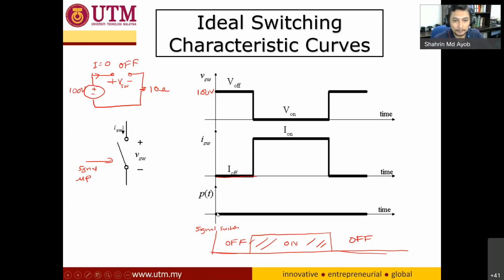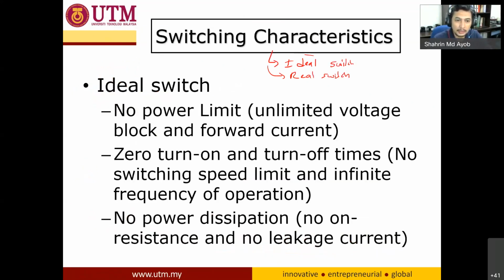And what is the power dissipated by this switch? We know power is V multiplied with current, right? The voltage across the switch is 100, but the current is 0. So that's why 0 watt. That is what we refer to as no power dissipation. So the characteristic of the ideal switch is that there is no power dissipation.